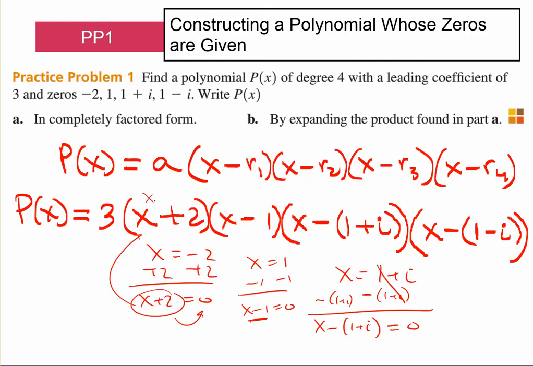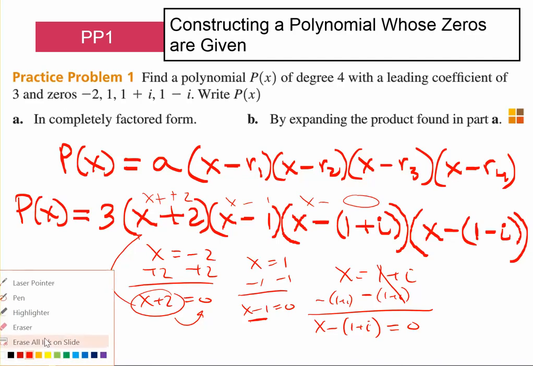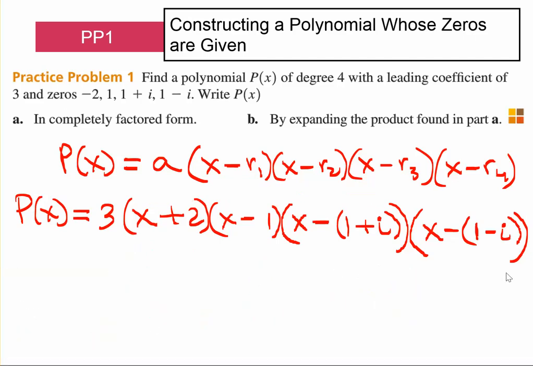This should have been x minus a negative 2. Since 1 is a factor, it's going to be x minus 1, and that's what we got. Since x minus 1 is a factor, it's x minus whatever this factor is. All right, let's get rid of these extra parentheses. We're good there with that one?